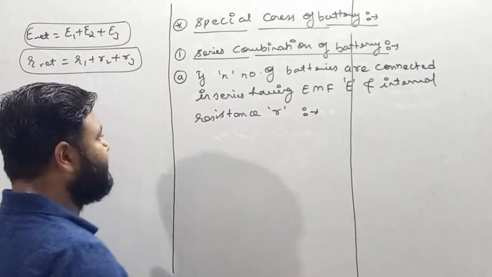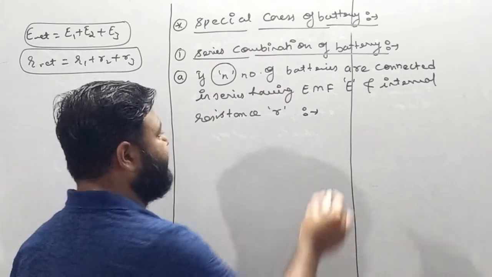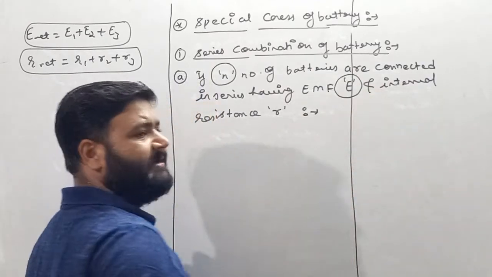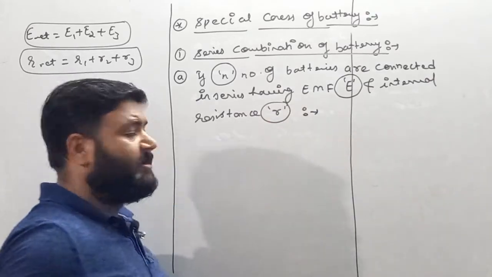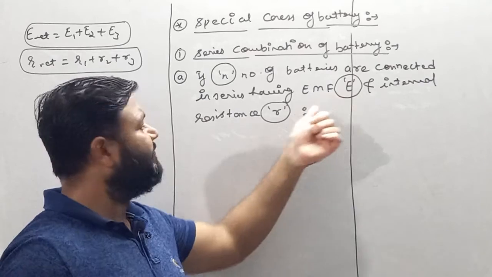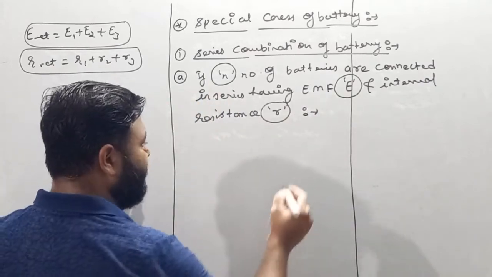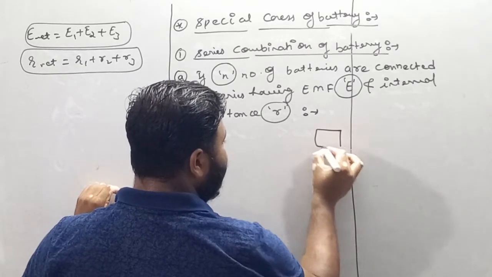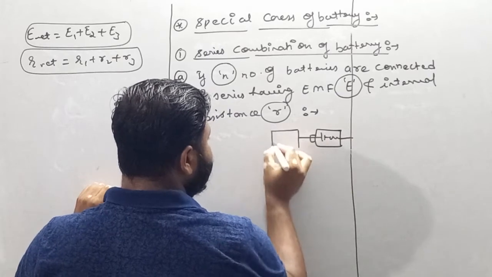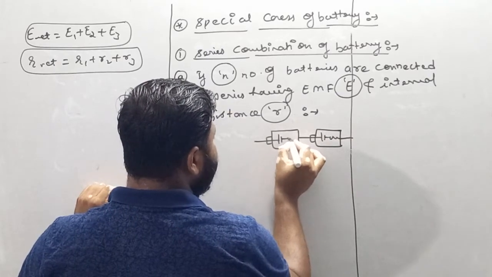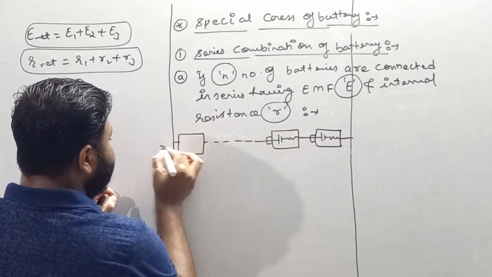The total number of batteries is n, and each battery carries EMF E and internal resistance R. So all the batteries carry the same EMF and the same internal resistance, and the total number of batteries is n.